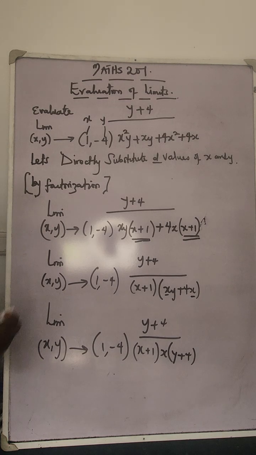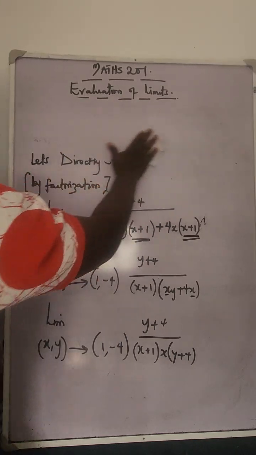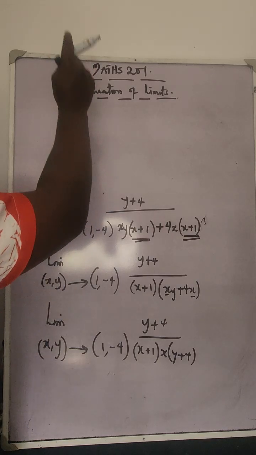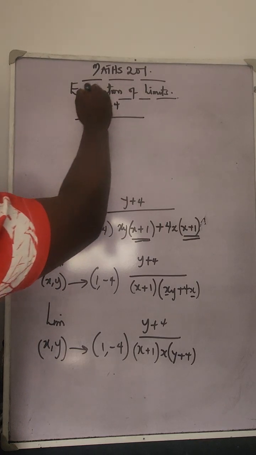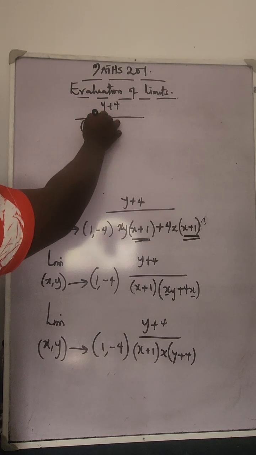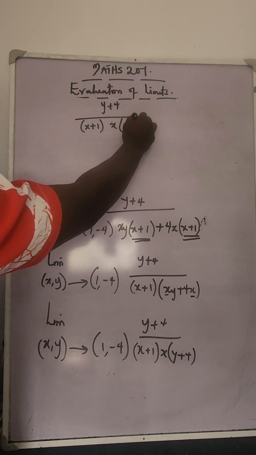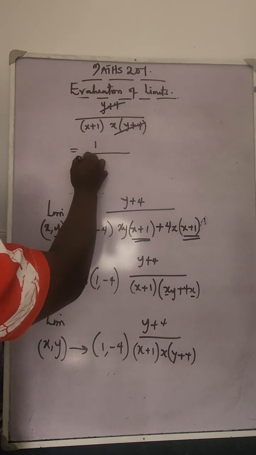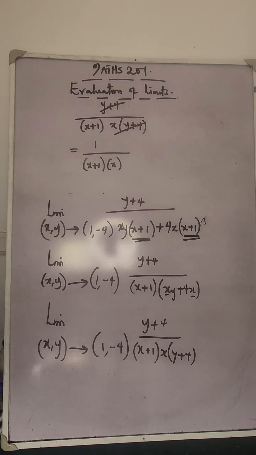And so we have (y + 4) divided by (x + 1) times x into the bracket (y + 4), and so you can cancel out and say 1 over (x + 1) into the bracket of x.